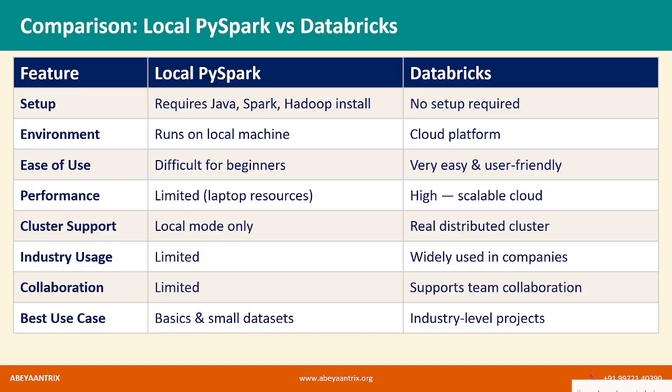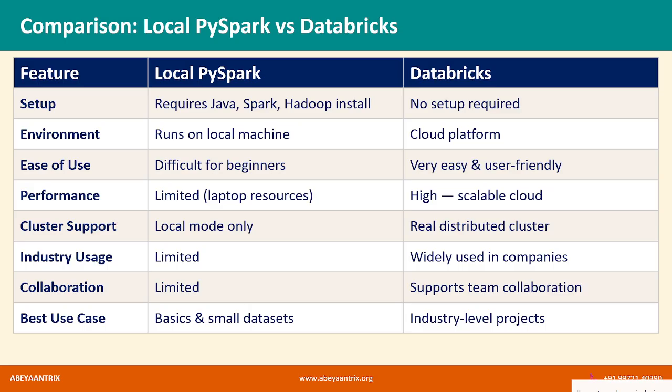For collaboration, local PySpark is very limited, and in Databricks you can have team collaboration. If you are working as a team, Databricks supports you, but local PySpark does not. For best use case, local PySpark is used for basics and small data sets, and Databricks is used for industry level projects.